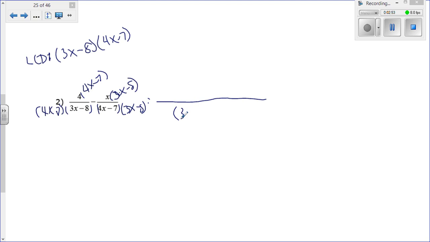So what we will have here is 3x minus 8 and a 4x minus 7 in my denominator. And my numerator will be 4 times 4x minus 7. And be careful, there's a minus sign there, so minus x times 3x minus 8.